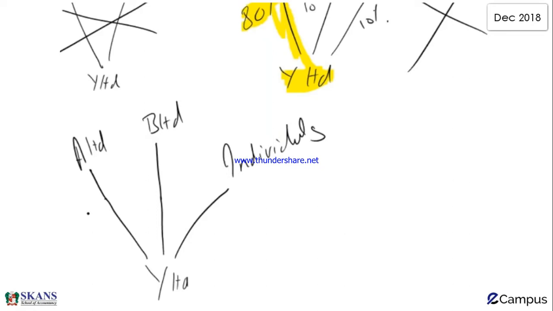A Limited owns 60%, B Limited owns 20%, and individuals own the rest, 20%. Well, I think over here consortia exists, because A's individual shareholding in Y is 60 and B's individual shareholding in Y is 20, and that's why consortia exists.